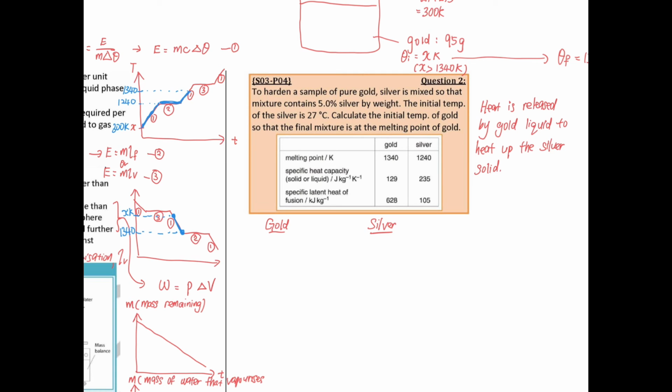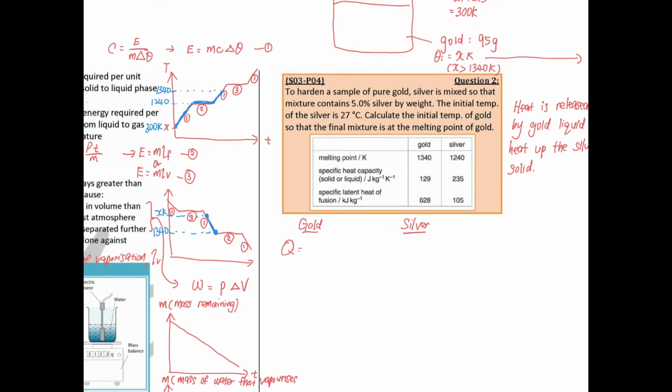Okay, so for the gold, like what we discussed, it involves only formula 1. So we use E equal to mc delta theta. So the mass of gold, we already set 95. Oh yeah, we have to use SI unit, right?